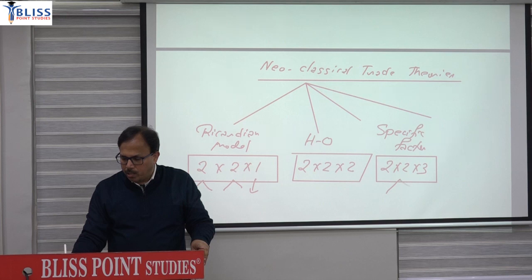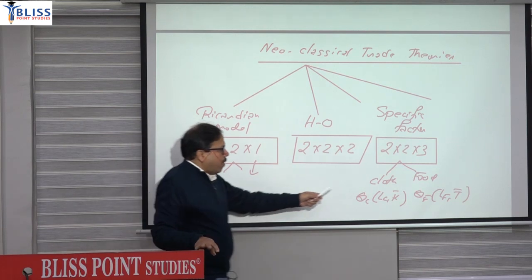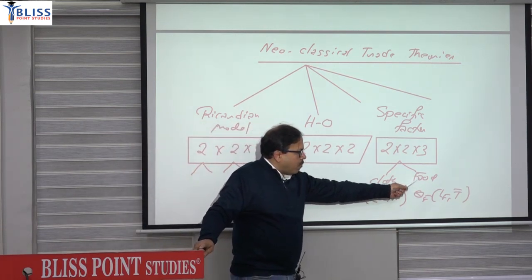If there are two products, say one product is cloth, the quantity of cloth is a function of labor used in cloth and capital, and the quantity of food is a function of labor used in food and land, denoted by T. So you can find that capital is specific for cloth and land is specific for food.